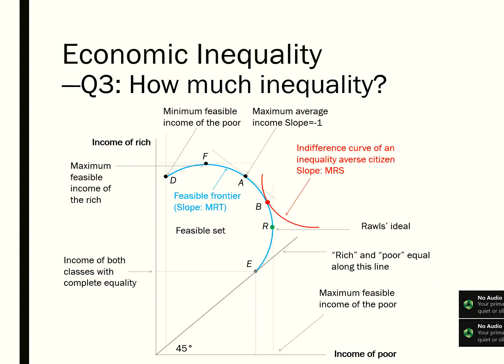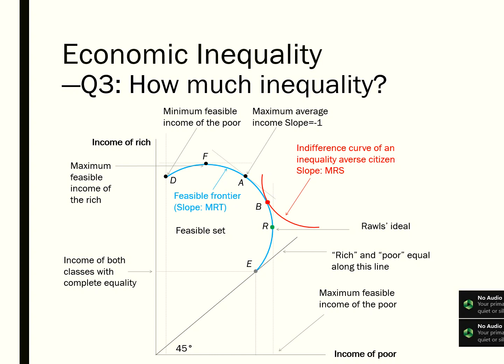In this diagram, we have two parts of the optimization problem. The blue curve is the feasible frontier, which are all the combinations of the income of the rich and the income of the poor. By definition, the income of rich must be higher than the income of the poor, so all the combinations must lie above the 45-degree line.